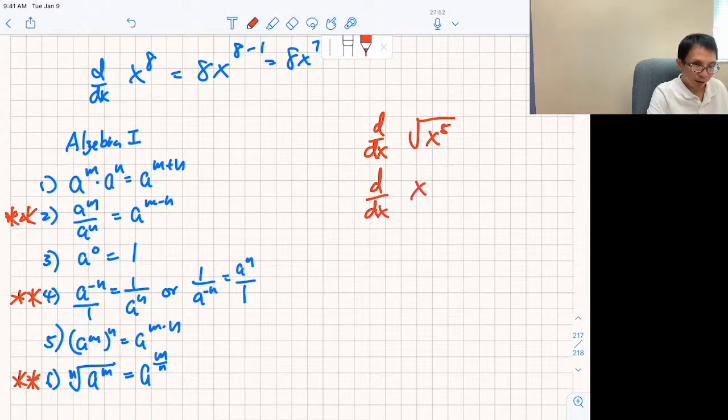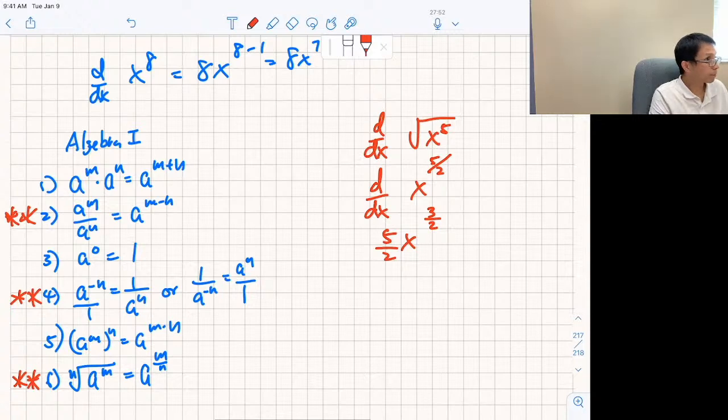So x to the 5 over 2, because that's the exponential rule as the actual definition of radicals. If I take a derivative of that, just take that 5 over 2 to the front, and you say, okay, that's 5 over 2, x to the 3 over 2, because we subtract 1. Subtract 1 is 2 over 2. So 5 over 2 minus 2 over 2 is equal to 3 over 2. So that's my final answer, 5 over 2, x to the 3 over 2.